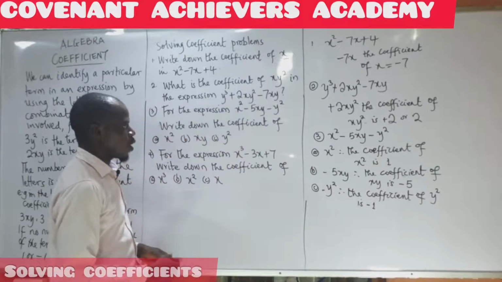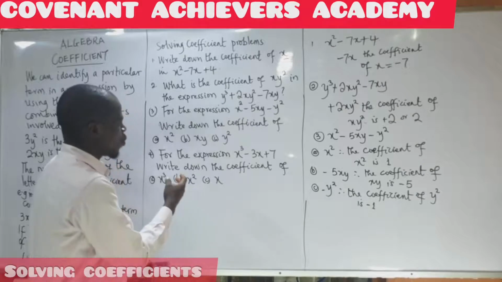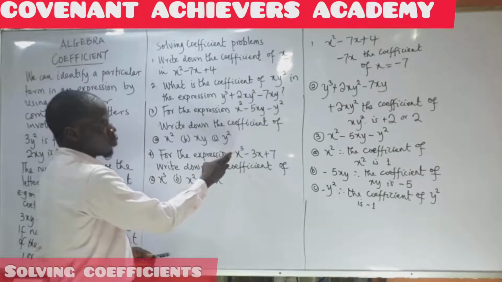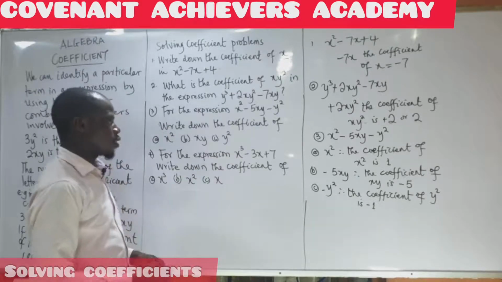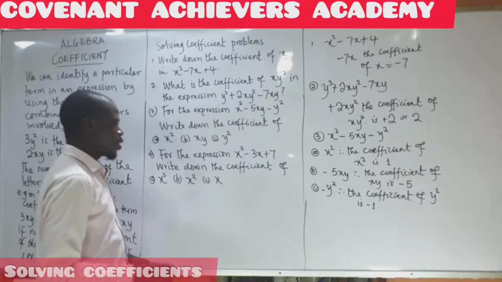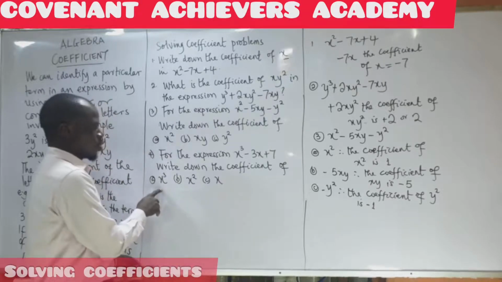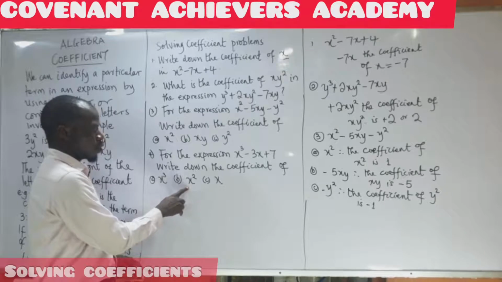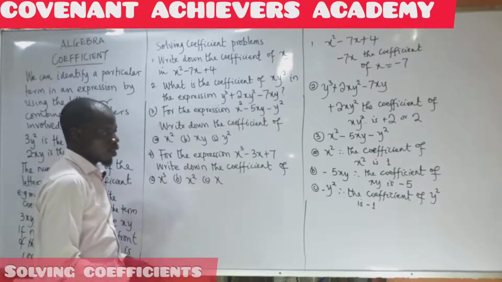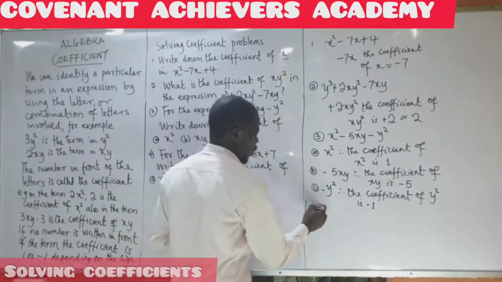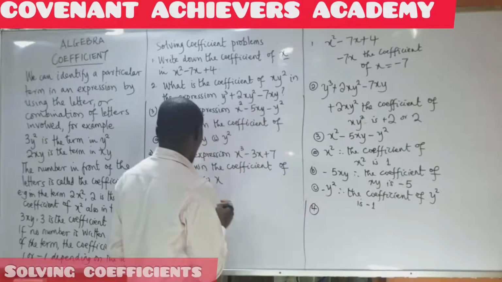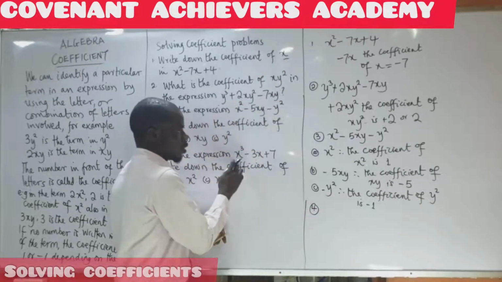The next question: for the expression x cubed minus 3x plus 7, write down the coefficient of x cubed, then the second one, x squared, and the last one, x. What is the coefficient of x cubed in this expression?